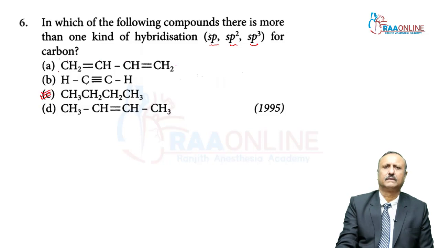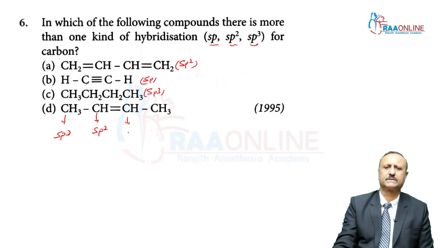But the question is, in which of the following compounds is there more than one kind of hybridization? Here one type of hybridization is present, sp3. Here you get sp only. Here you get sp2 only, and here this is sp3. Here this carbon atom is sp2, as a double bond is attached.